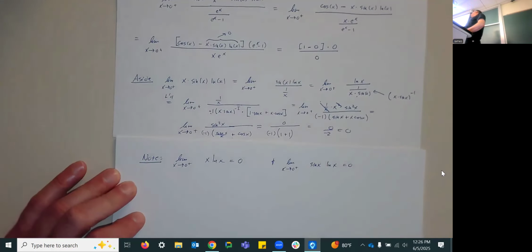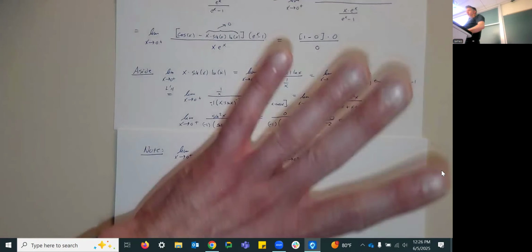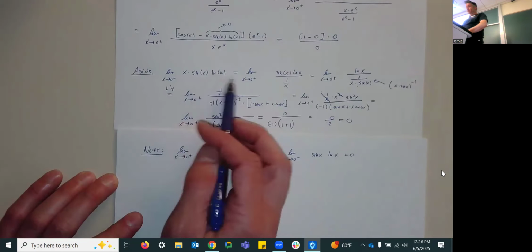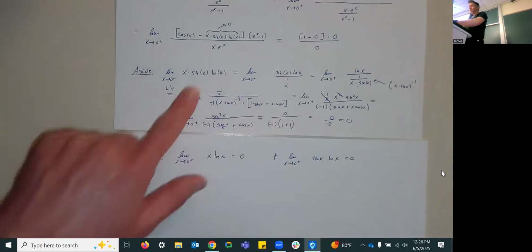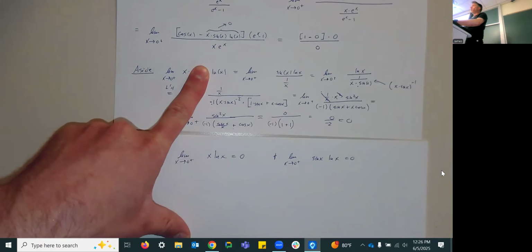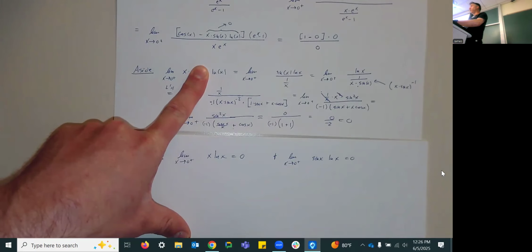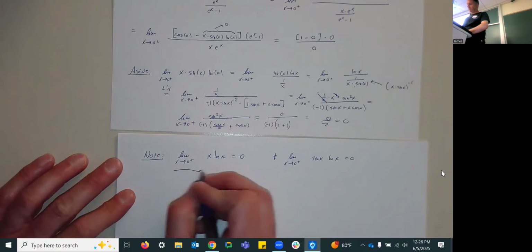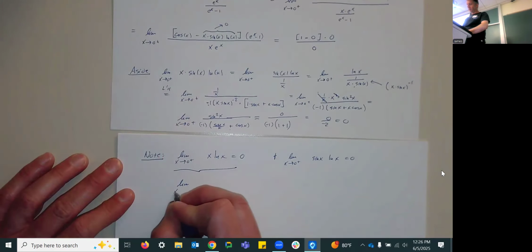So what I could have actually done, just so you're aware, instead of trying to do this stupid thing I just did, is say, well, the limit of just that part is 0. x times natural log of x goes to 0. You can show it using L'Hopital's rule. In fact, we might as well, since I've said it enough times here. It's just going to be this.